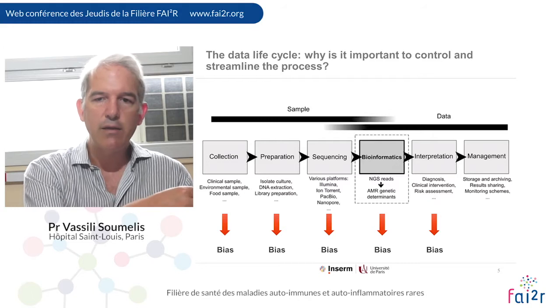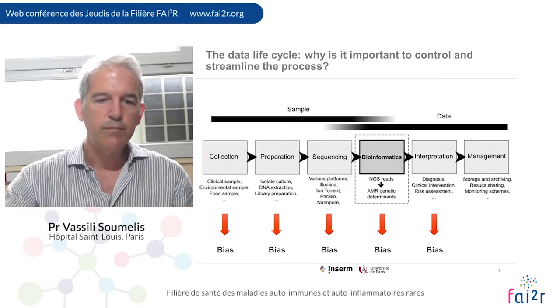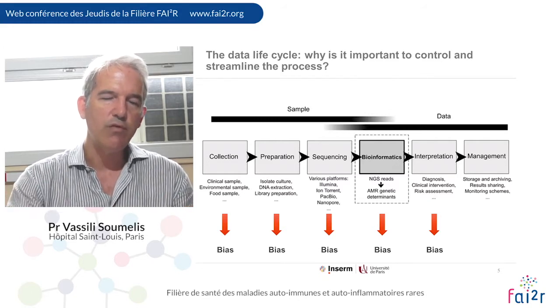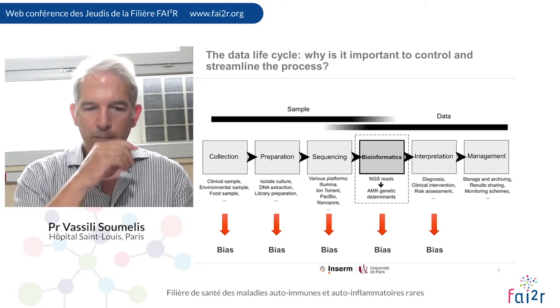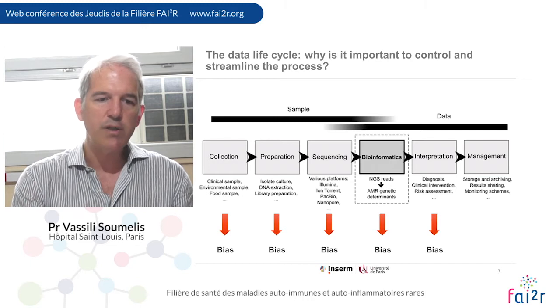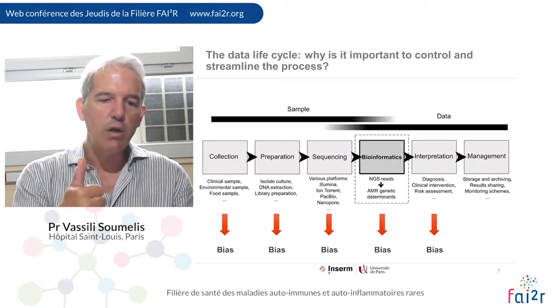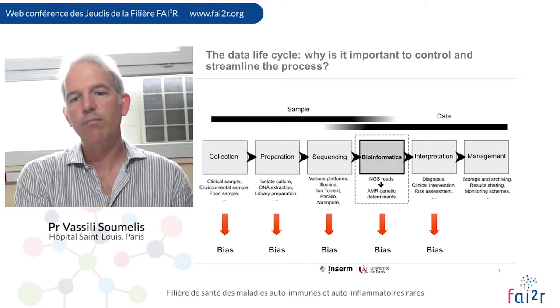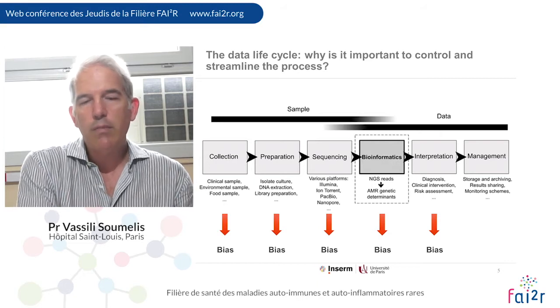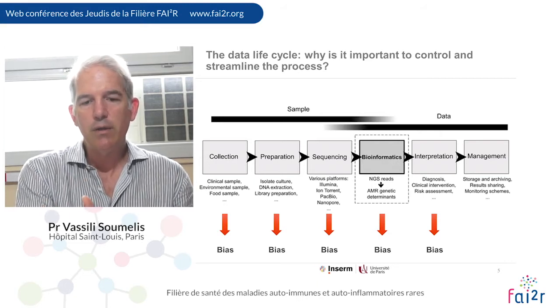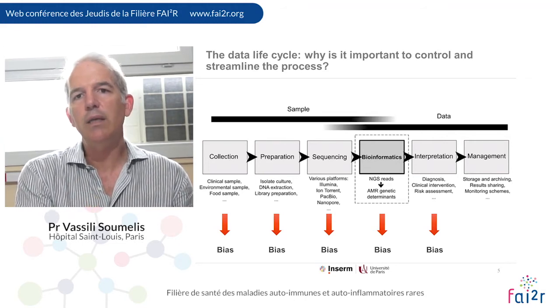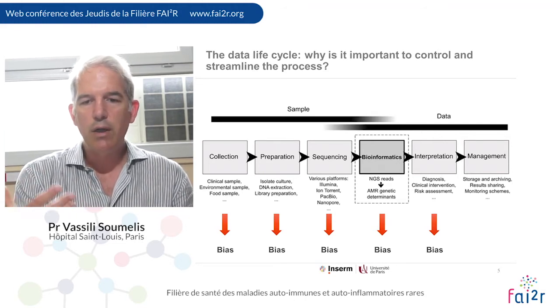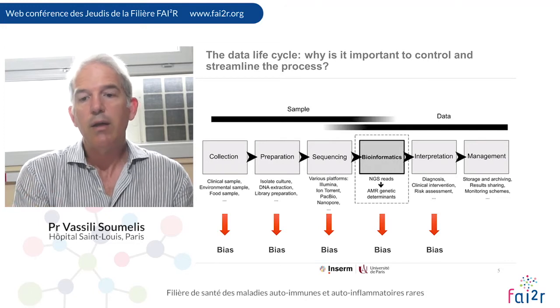The fact that we can control the process and have a good knowledge of what happened at each one of those steps puts us in the best possible position to know about the existence of those biases, to control them, meaning preventing them if possible, and to account for the biases in any computational bioinformatics, biostatistical analysis.